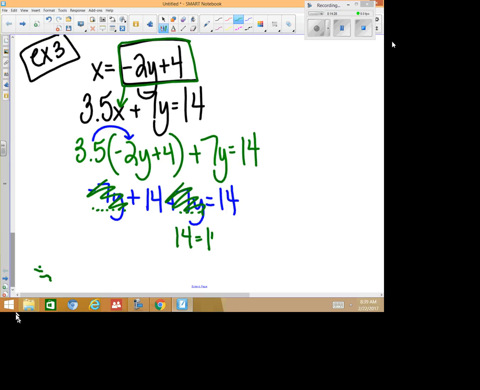So what did you do to the 7? Well, it was a negative 7 and a positive 7, so they canceled out. I did it differently. I know, it's okay. I subtracted my 14 on both sides, and she got 0 equals 0. But you could stop right here.